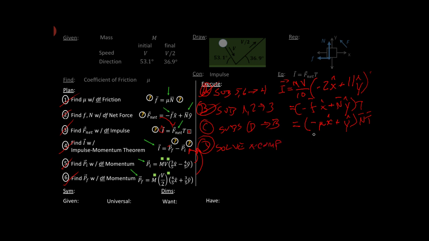Got minus signs, I can get rid of the minus signs. Mu is equal to 2 over 10 times mv over n bar t, I think. So I have to divide through by that guy.